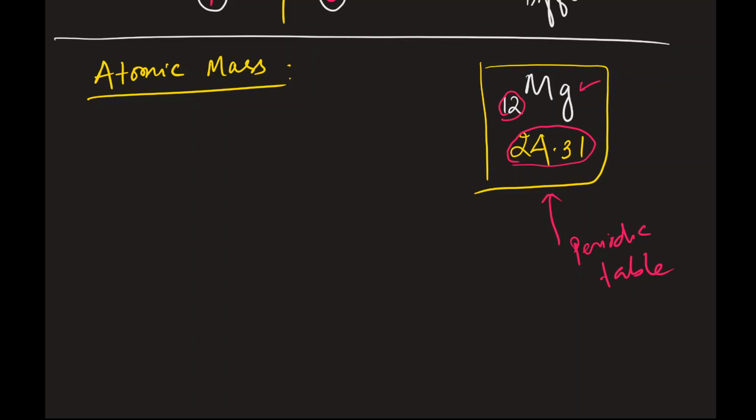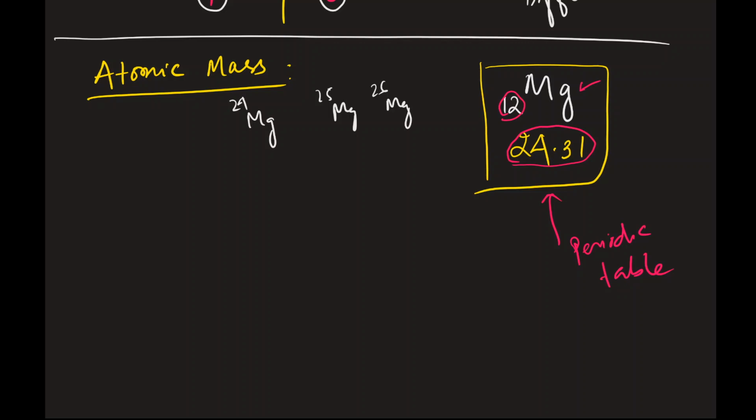We know that magnesium exists in three isotopes: Mg24, Mg25 and Mg26. So we know that it exists in three different mass numbers.